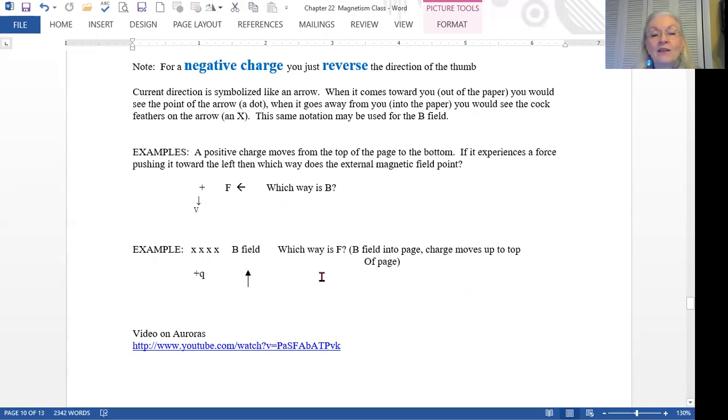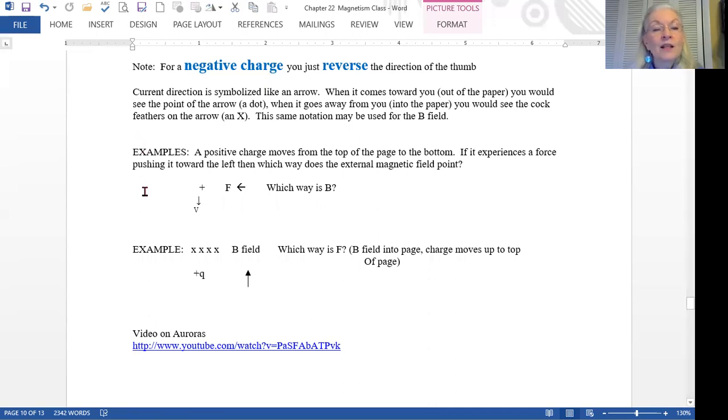But into or out of the page is a dot or an X. So an X if it's going away from you, and a dot if it's going towards you. Because it's meant to resemble an arrow. So if an arrow is coming at you, you see the point, that would be the dot. If an arrow is moving away from you, you see the feathers on the back, and they make a sort of X pattern as it's moving away from you.